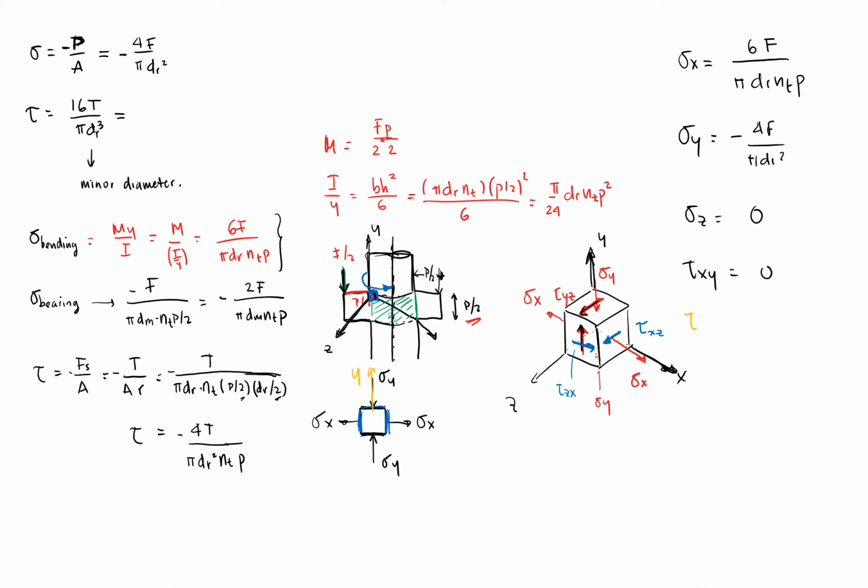Tau xy is 0. Then the next one would be tau yz or zy, it doesn't matter, and this was this term right here, equal to 16T over pi d_r cubed, the typical torque shear. Then the other definition of the shear, the zx or xz, would also be minus 4T over pi d_r squared.